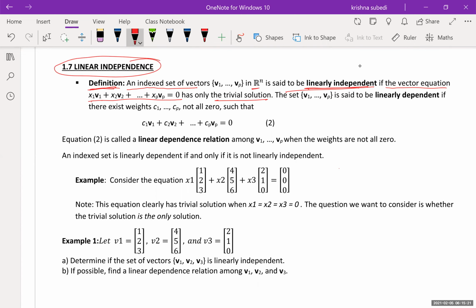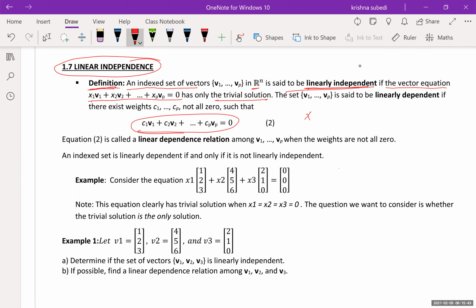Trivial solution, you know that: the solution is all zeros.